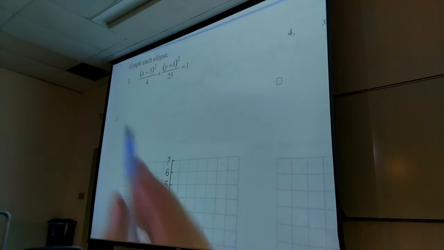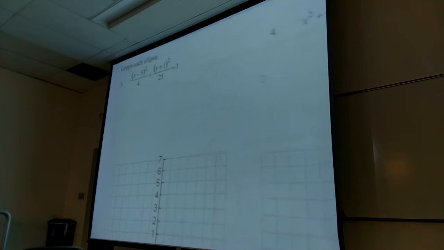Little square is watching you, so what's up with those squares?